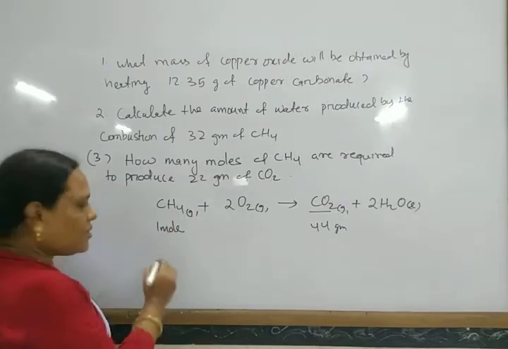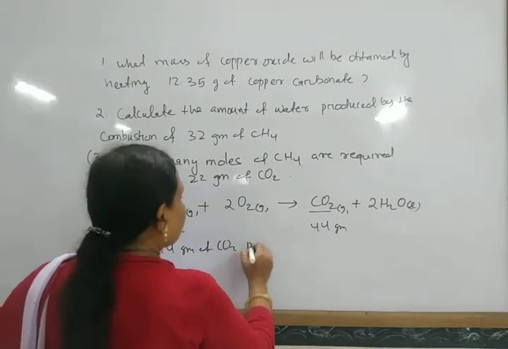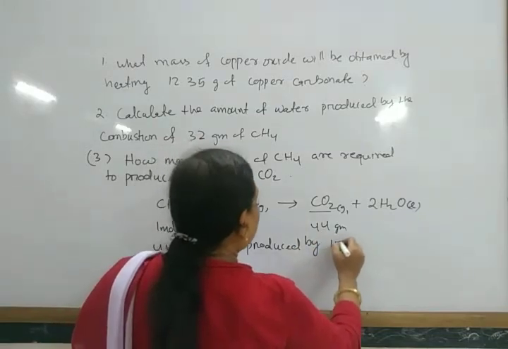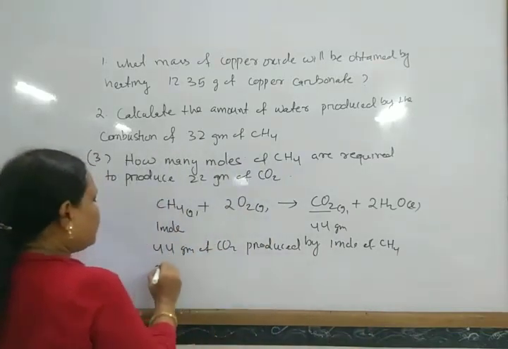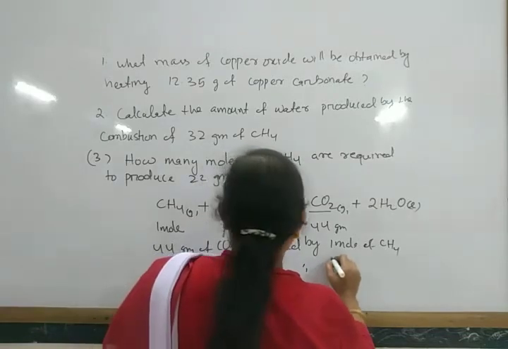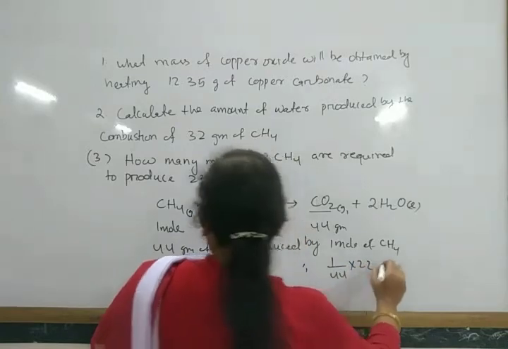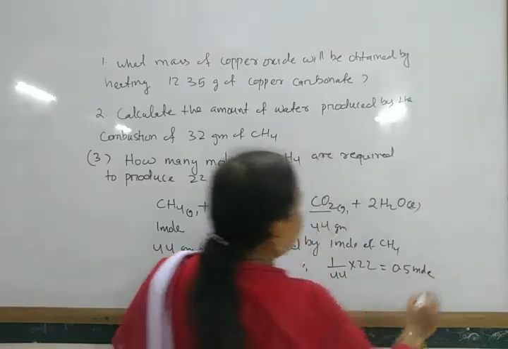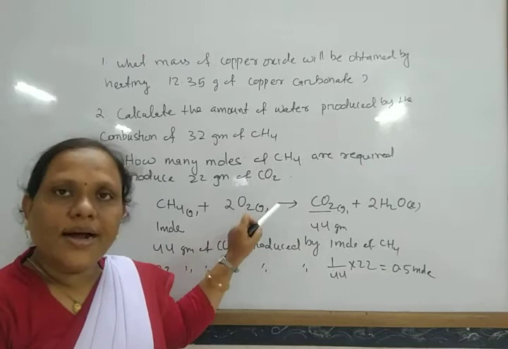Then solve by the unitary method. 44 gram of carbon dioxide is produced by 1 mole of methane. In this way 22 gram of carbon dioxide is produced by 1 by 44 into 22, that is equal to 0.5 mole. So 0.5 moles of methane are required.